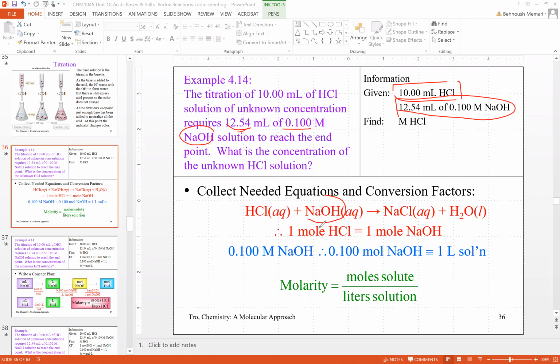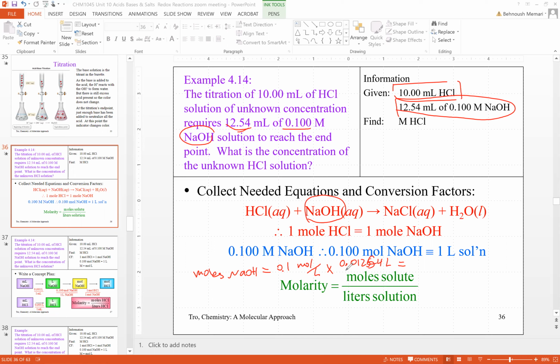So moles of NaOH equals the molarity, which is 0.1 moles per liter, times the volume of NaOH in liters, because we want to cancel the liters, which is 0.01254 liters of NaOH. This gives me the number of moles of NaOH.